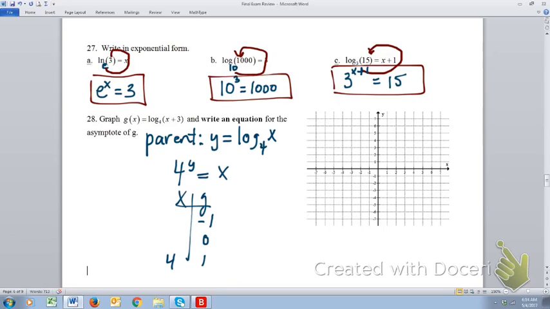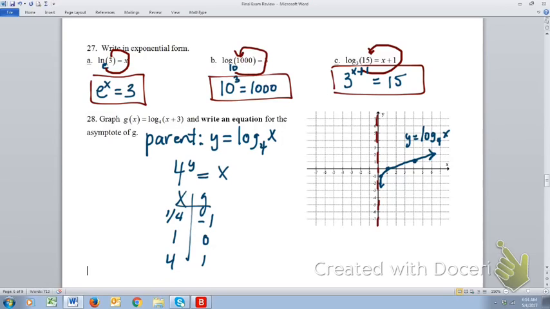And if you put a 0 in for y, that'd be 4 to the 0 power, which would be 1, so x would be 1. And we also know that the number that goes with negative 1 will be the reciprocal of what went with 1, so it'd be 1/4. So let's go ahead and plot these points. We know we're going to have an asymptote at x equals 0. And let's draw this graph. This is our parent function, y equals log base 4 of x.